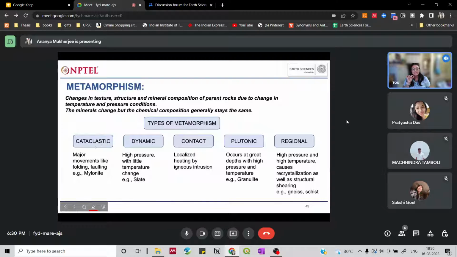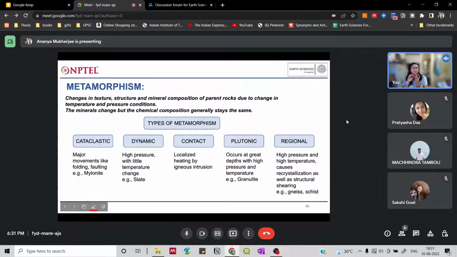The first is cataclastic. Cataclastic is when you have faulting and folding, where the rocks are getting folded or faulted due to stresses acting on them.